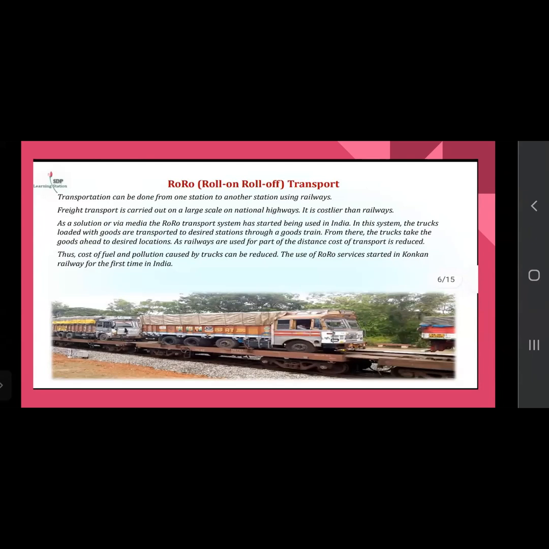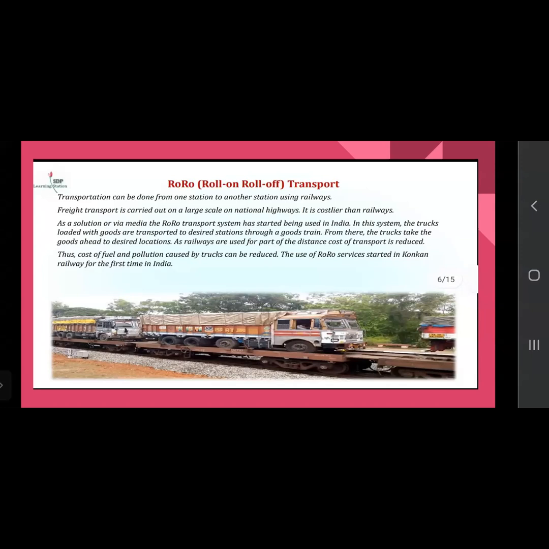You must know the goods train, which carries only goods and no passengers. From there, the trucks move ahead to the desired location where they have to reach.